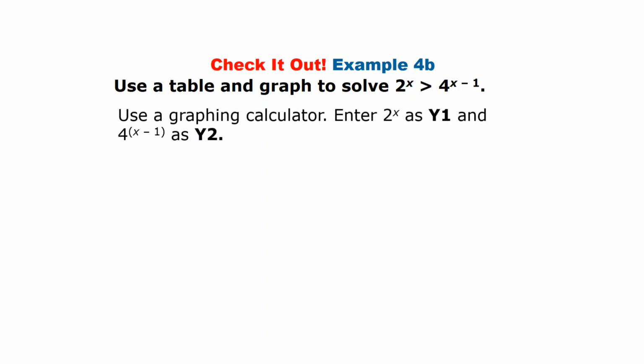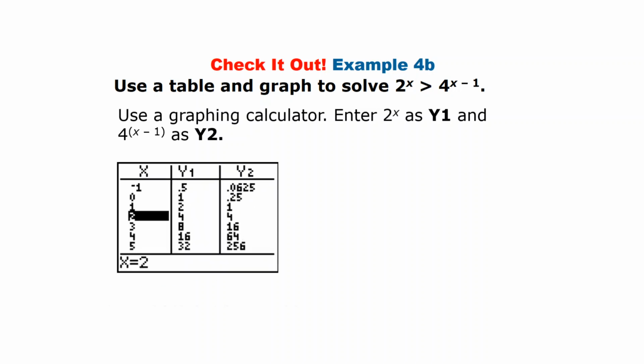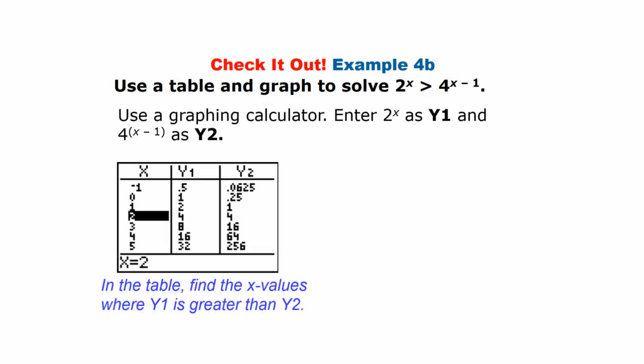All right, so I hope you used your graphing calculator, and at y1 you entered 2 to the x power, and y2 you entered 4 to the x minus 1. All right, in this table you can see we're looking for where y1 is going to be greater than y2. So we see when x is 2, they are equal.